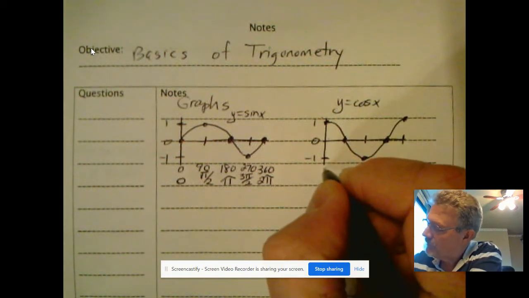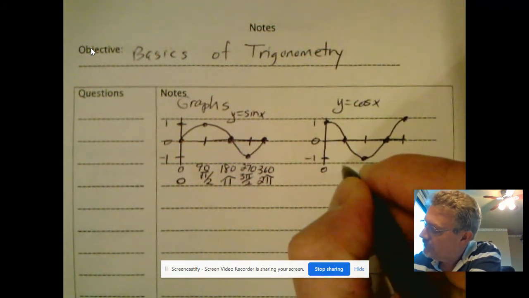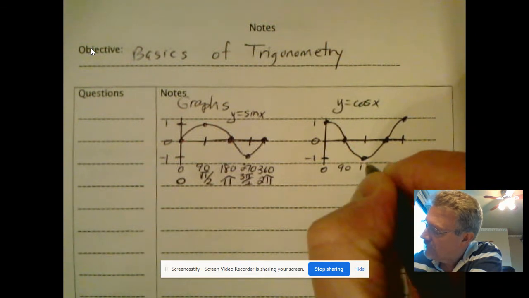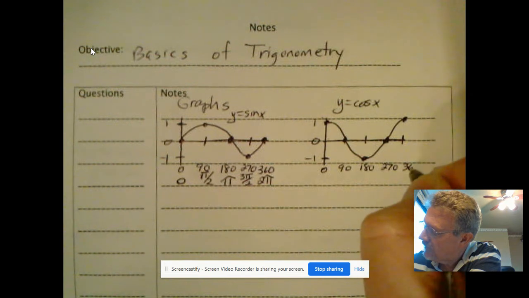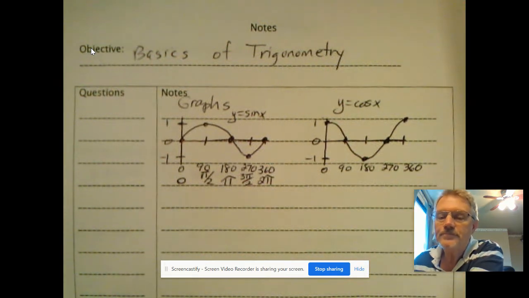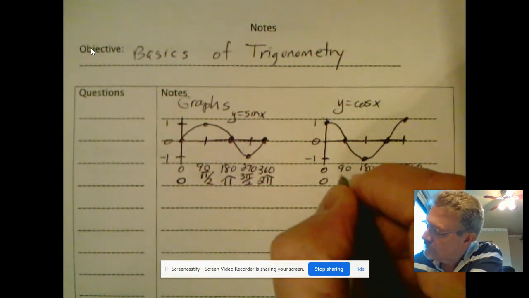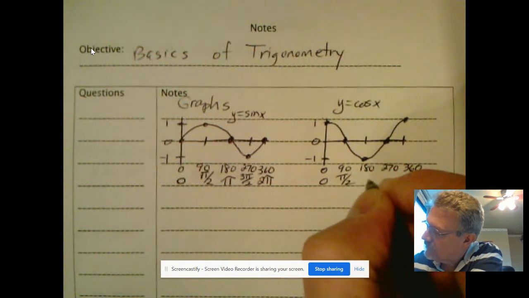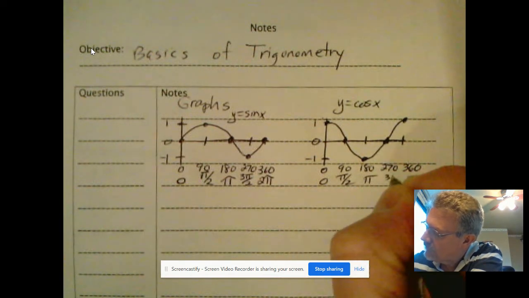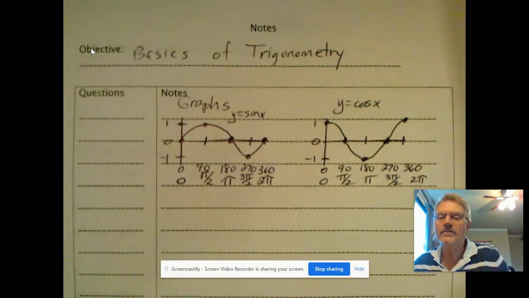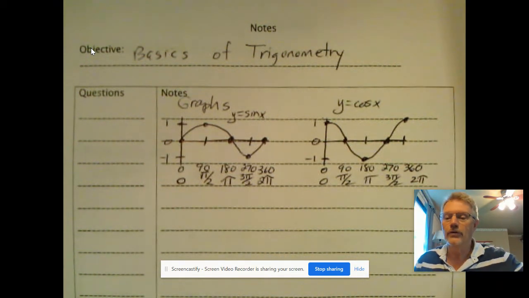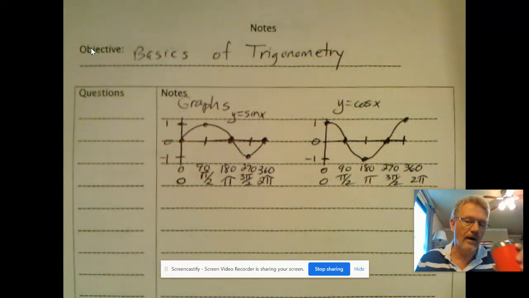And then labeling the graph. When it tells you to label your graph, you're going to be labeling the x and the y-axis.